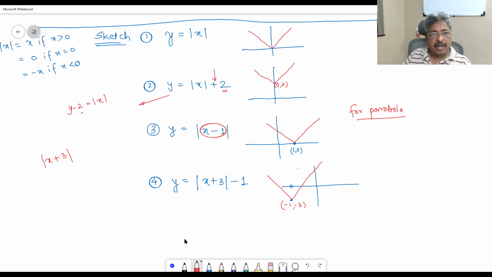Okay, so now I can have one more variation, say, fifth graph, y is equal to mod of mod x plus 2.